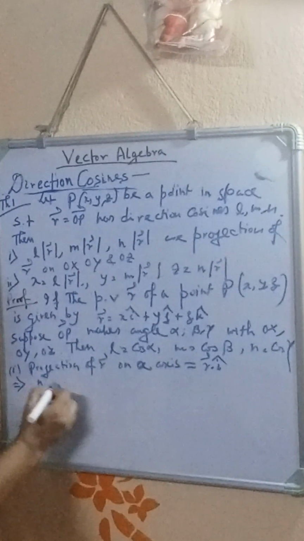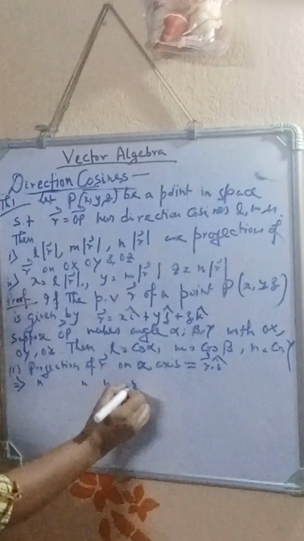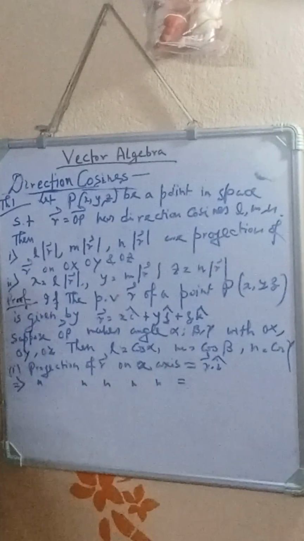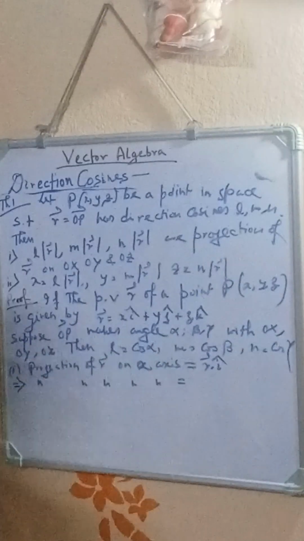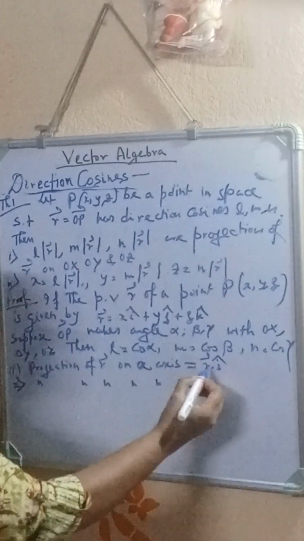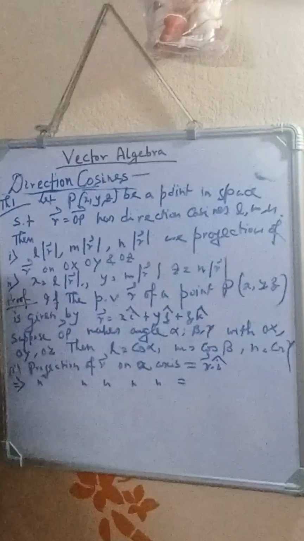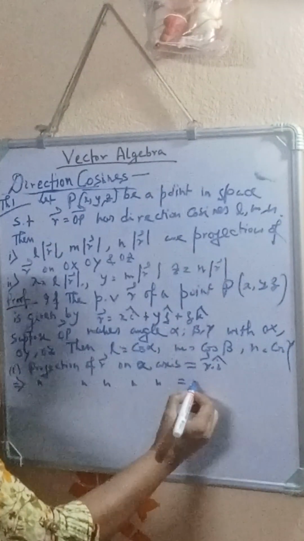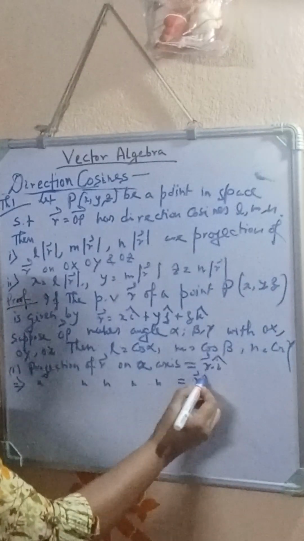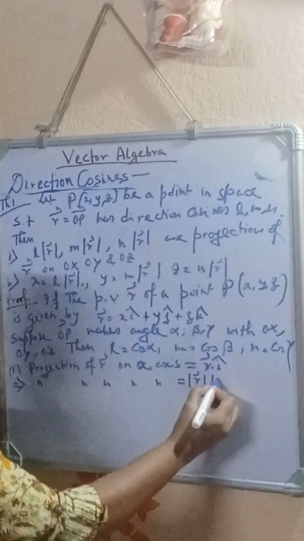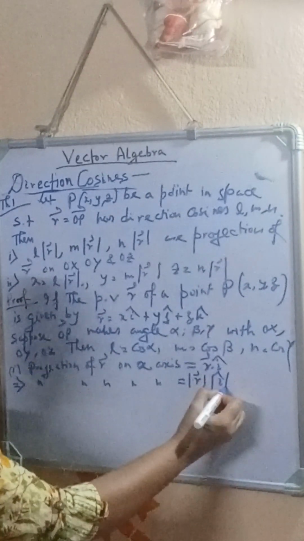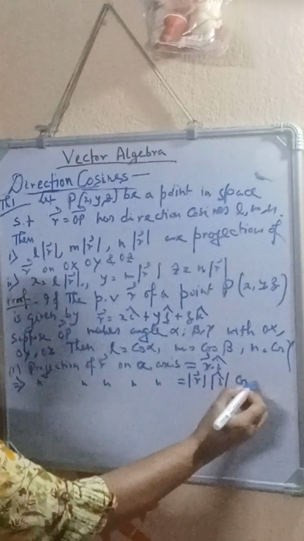By the definition of dot product, this is the dot product of vector r and unit vector i, which is |r||i cap| cos alpha.